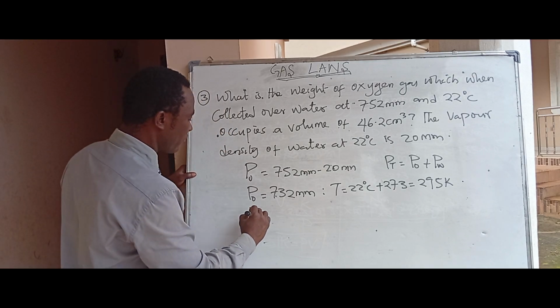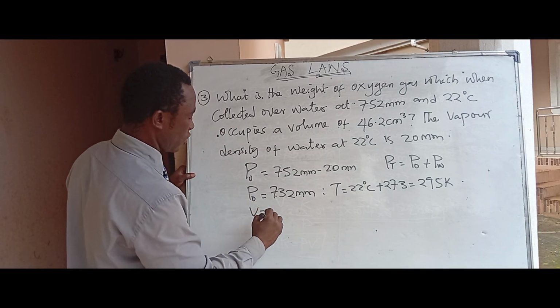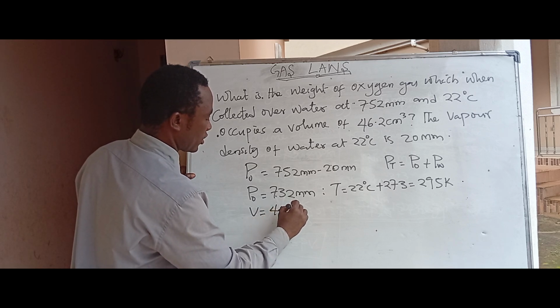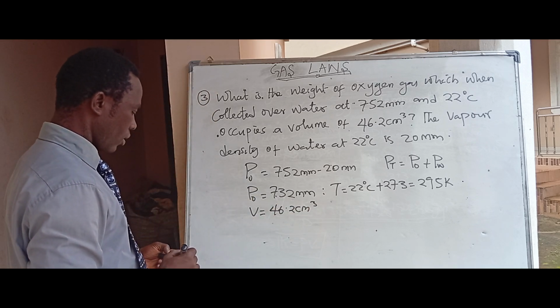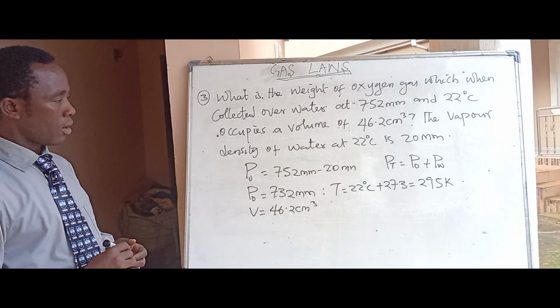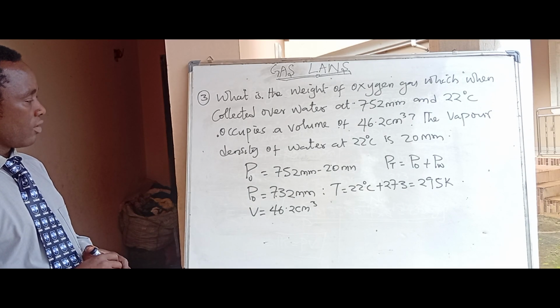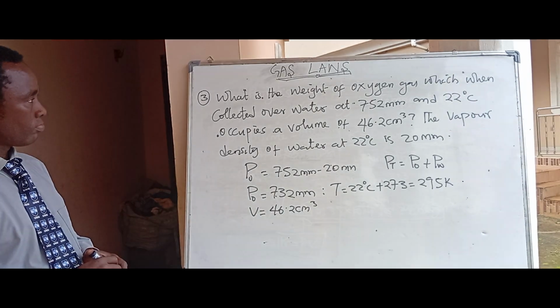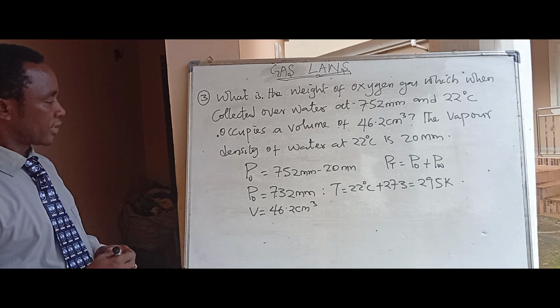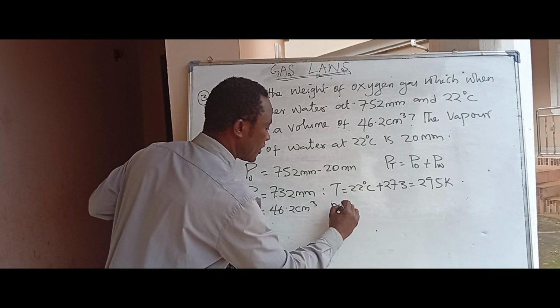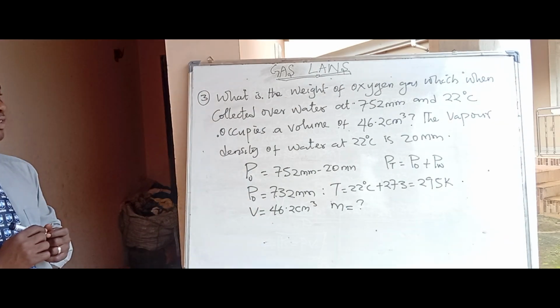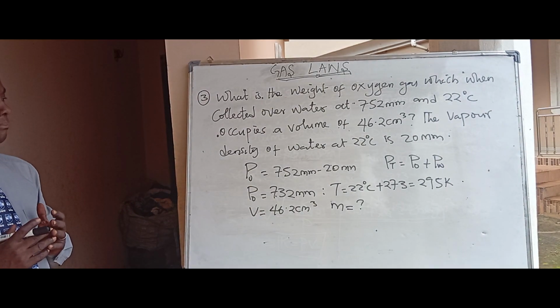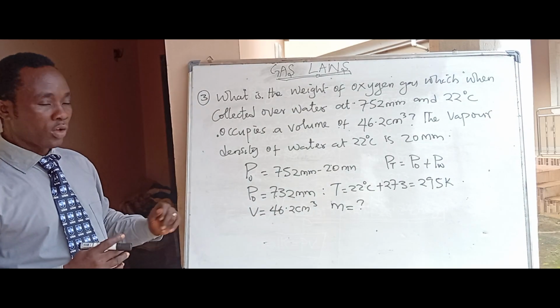Yes, we are given volume, which is 46.2 centimeter cube. All right, now we are looking for the weight. Weight is mass.